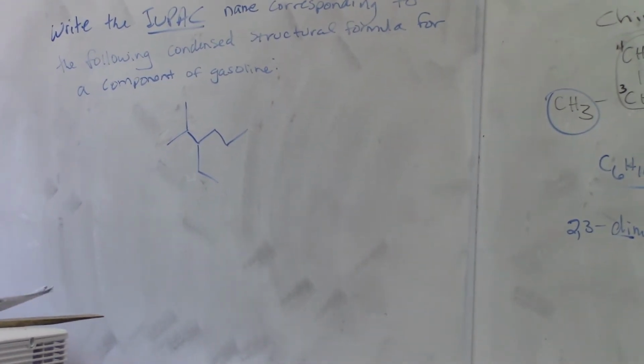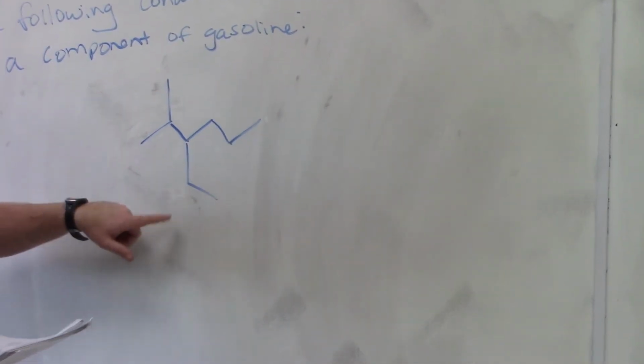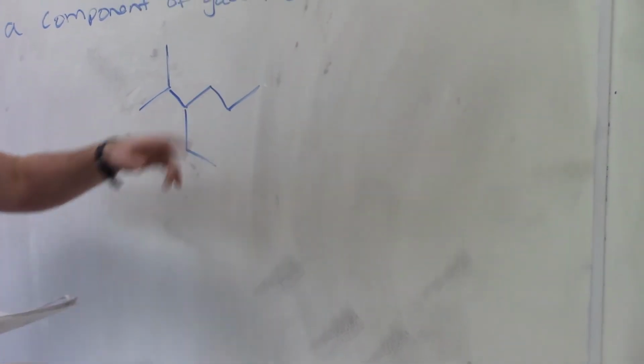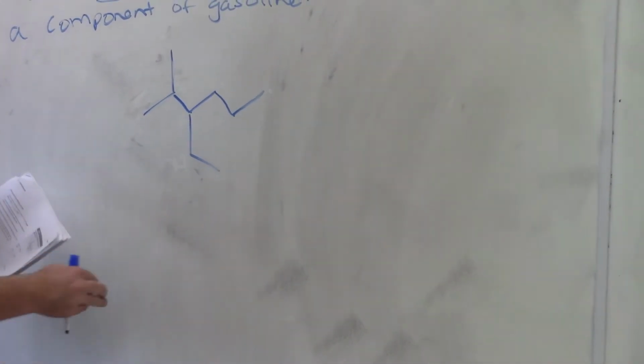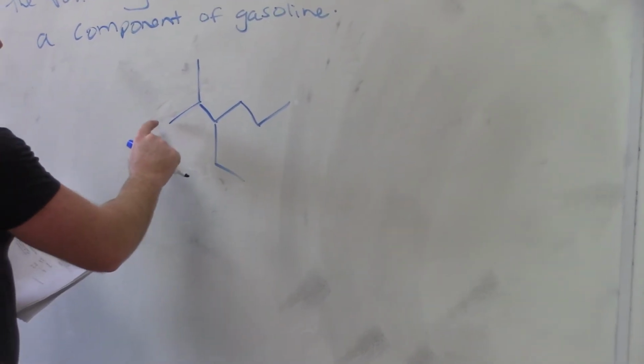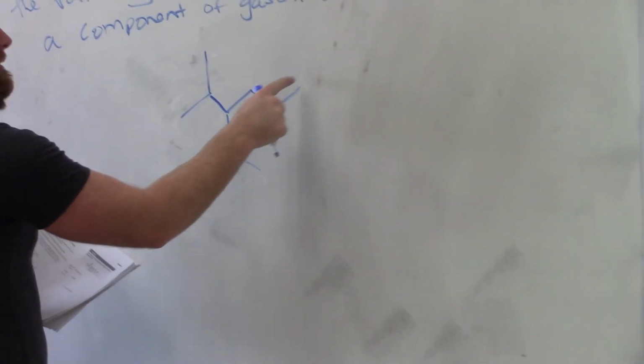Okay, so let's name this. So there is side branches. So remember, every end is a carbon. So there's a carbon here and a carbon here, carbon at each break in the line. So I'm going to try to figure out what's the longest branch. So this is 1, 2, 3, 1, 2, 3, 4, 5, 1, 2, 3, 4, 5, 6.